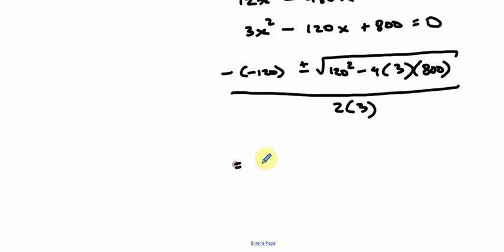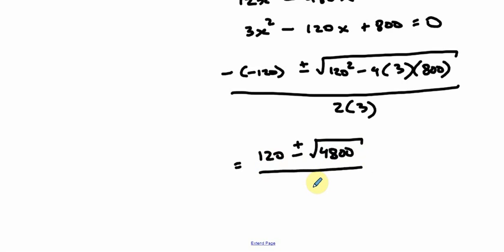Now, if you work this down, you will get to 120 plus or minus the square root of 4,800, and that's all over 6. And I worked this out into decimals, and I got 8.45, and then I also got 31.55.